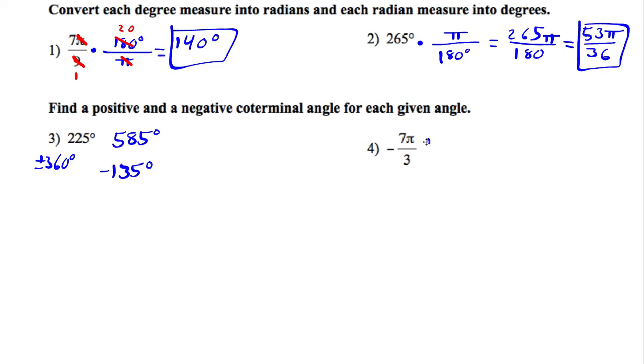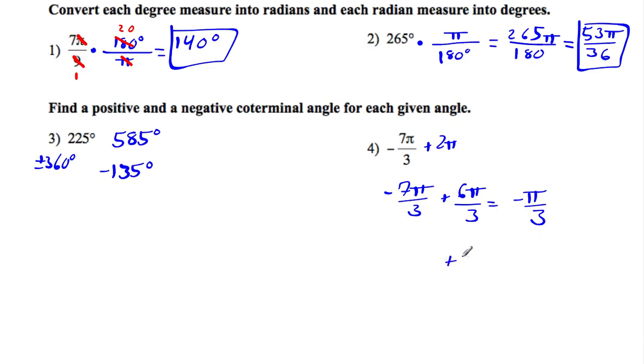Here, we want to add or subtract 2 pi. But actually 2 pi in this case is 6 pi over 3. So if we get negative 7 pi over 3 plus 6 pi over 3, notice it's still negative. So there's my negative coterminal angle.